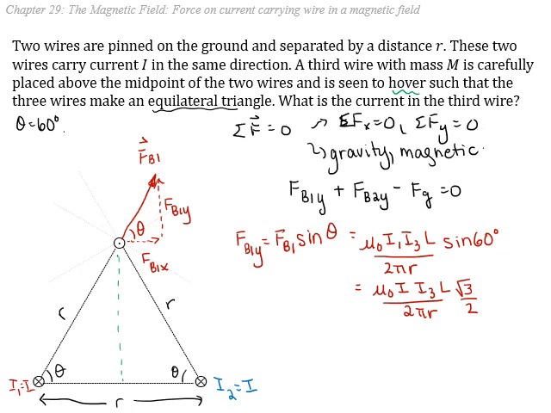Okay, that takes care of the force on wire 3, the top wire, because of wire 1. What about the force due to wire 2? Okay, so those wires carry currents in opposite directions, so the force is going to be repulsive. So there's the force on wire 3 due to wire 2. That's got an x component and a y component.